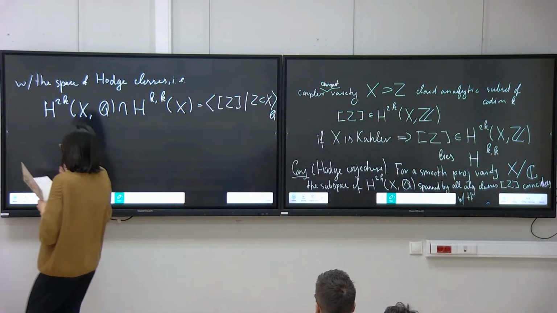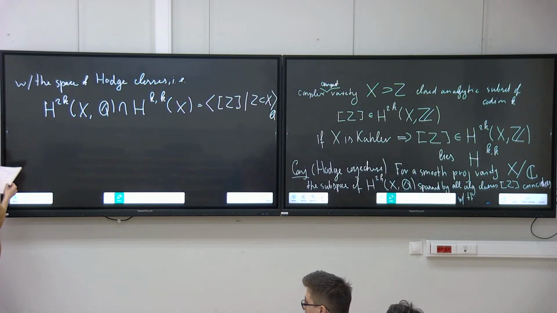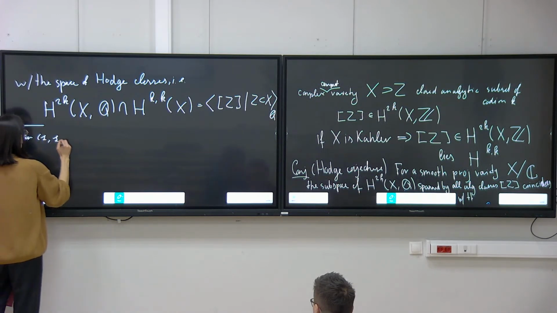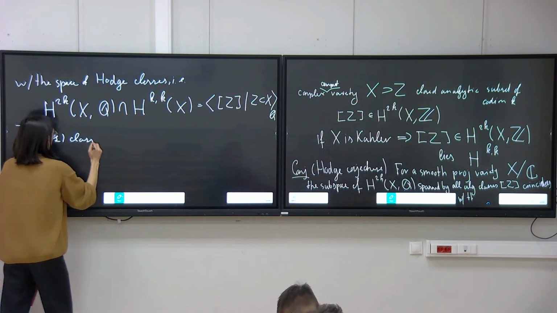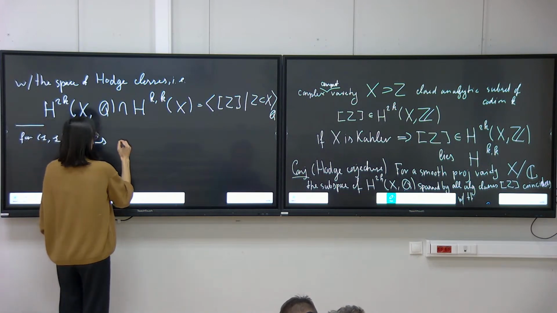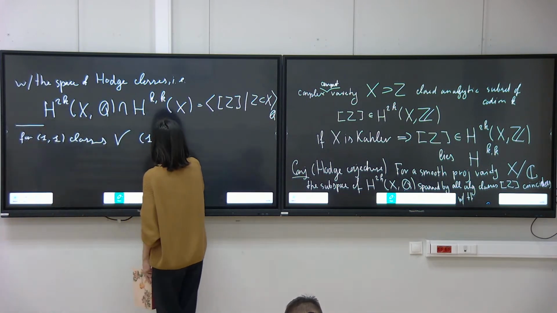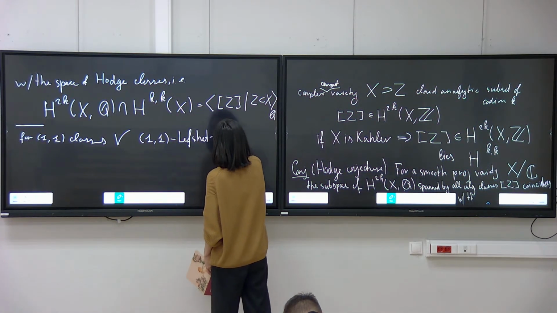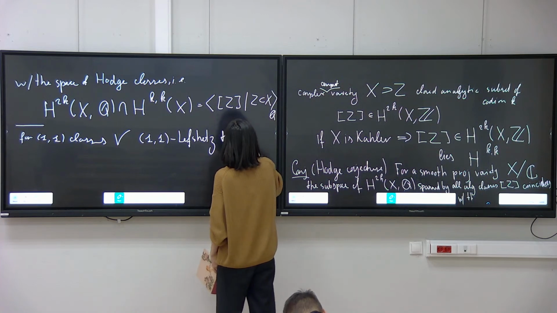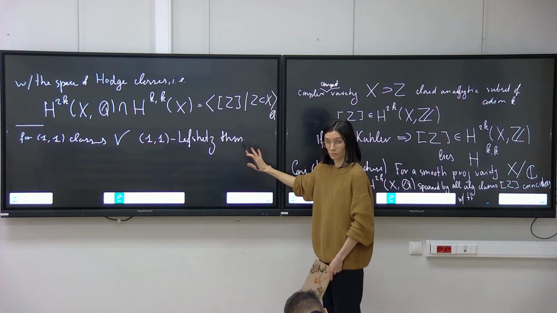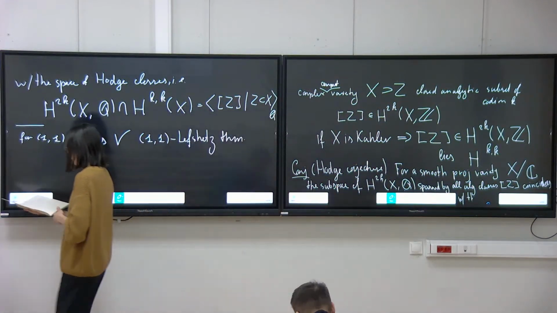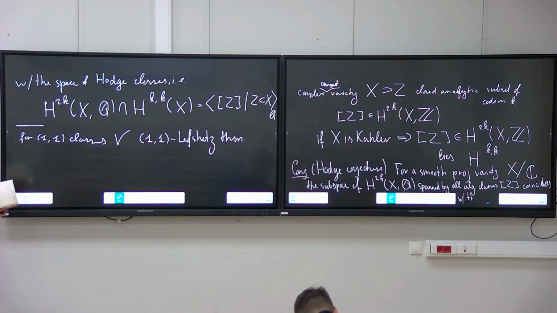Okay, and also let me say that for (1,1) classes, this is true, and this is the Lefschetz (1,1) theorem that we have already discussed, right? We have already proved it.